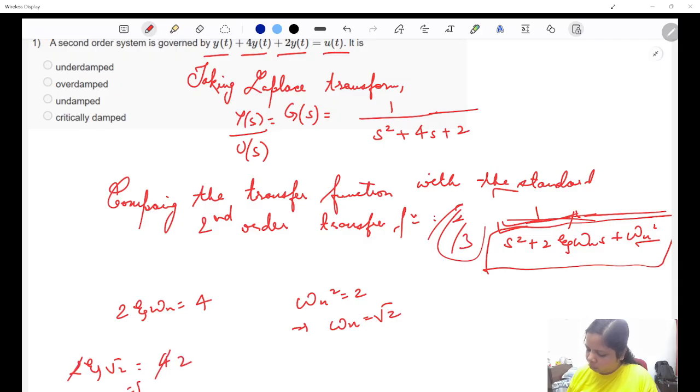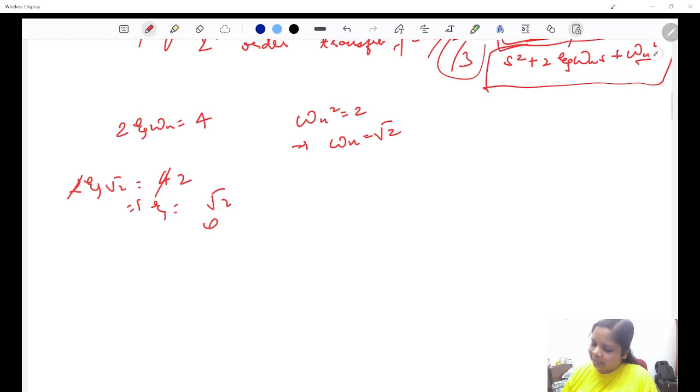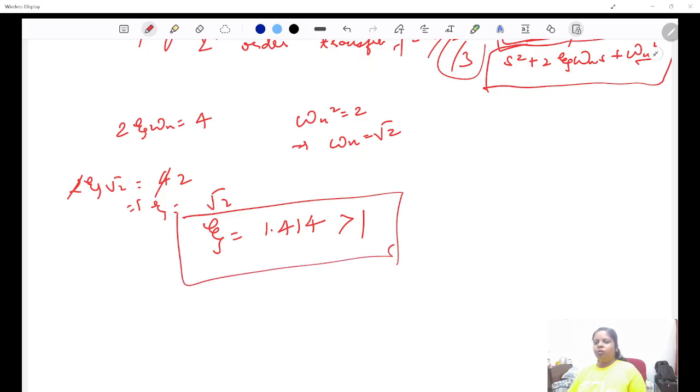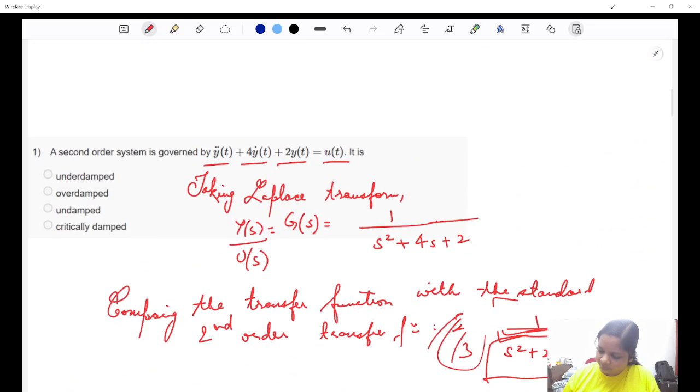So from here what do you get? Zeta is equal to root 2, that means it is 1.414, which is greater than 1. What happens when zeta is greater than 1? What is the system called? Right, it is overdamped. So overdamped is your correct answer.